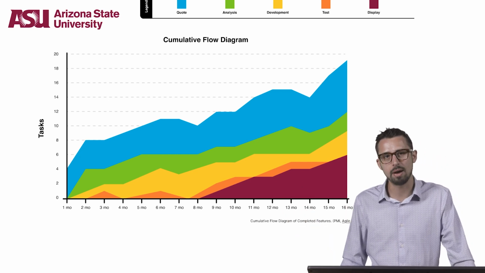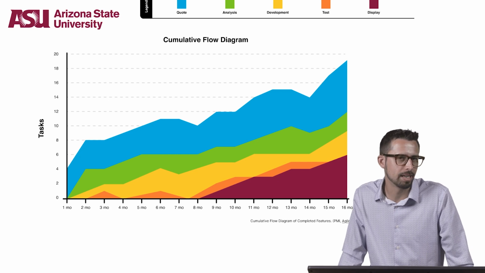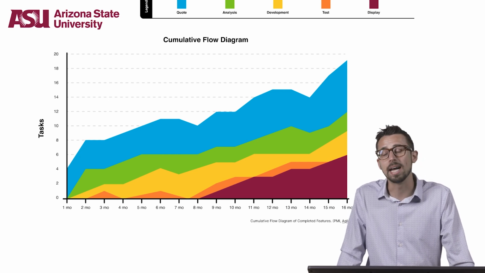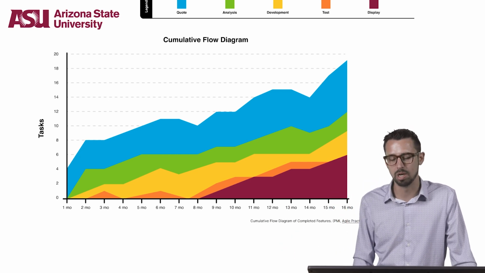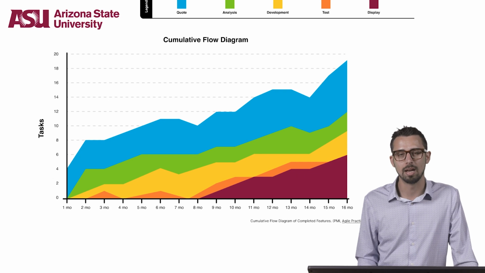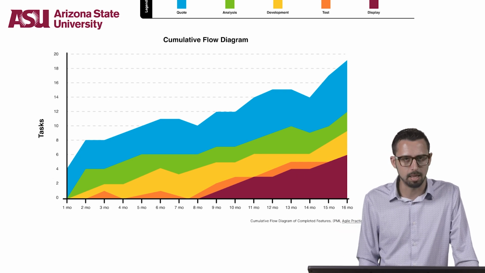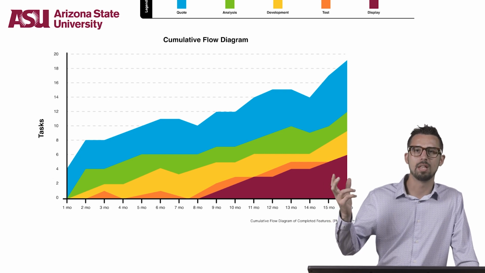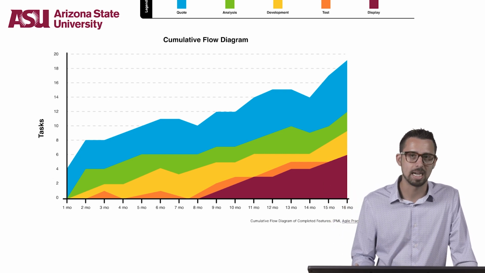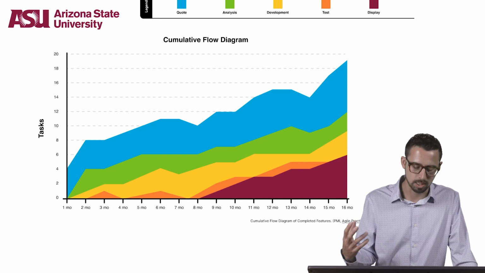Sorry, lots of chats in this one, but it's really important because I want to make sure that you understand what each of these charts are showing. So pause the video, throw it in Slack, and let me know what you think this chart would do if a team has a lot of tasks waiting to be tested. What's going to happen here?